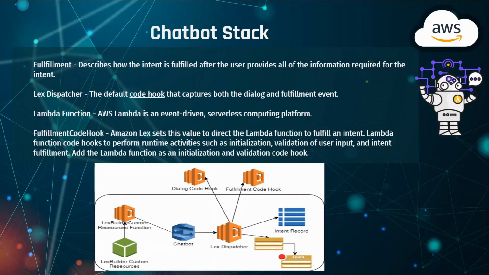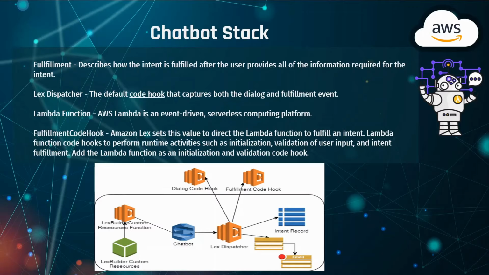Fulfillment describes how the intent is fulfilled after the user provides all the information required for the intent. Lex dispatcher, the default code hook that captures both the dialogue and the fulfillment event. And we do have Lambda function. AWS Lambda is an event-driven, serverless computing platform. Fulfillment code hook.